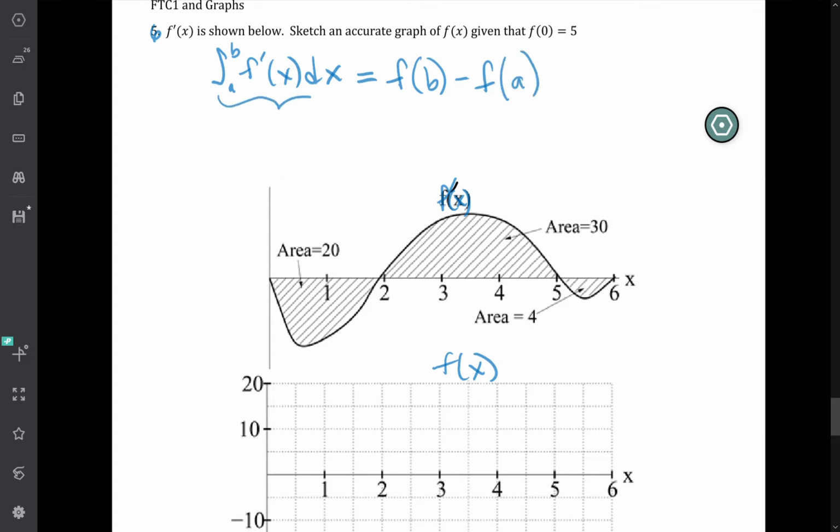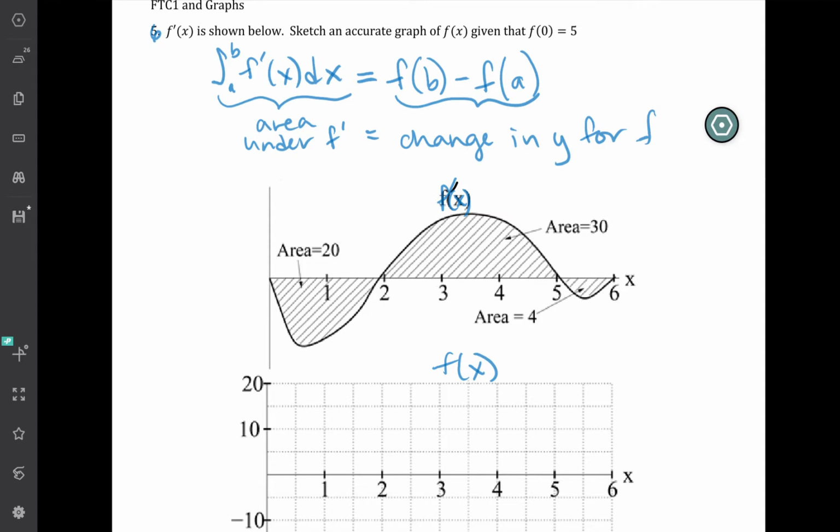So this is the area under f prime, and we're claiming that that equals the change in y for f.